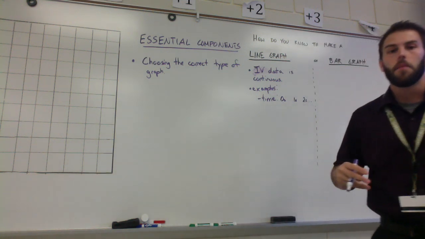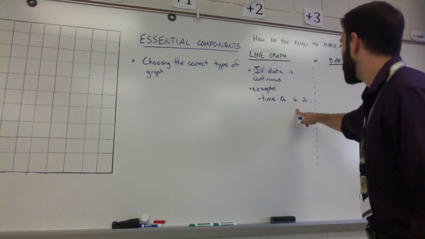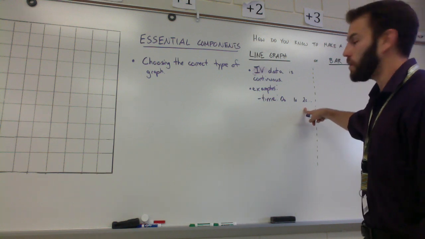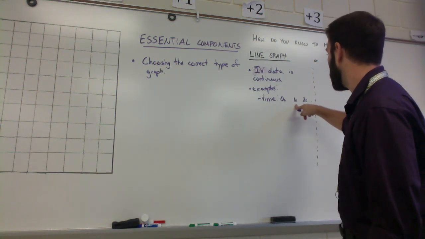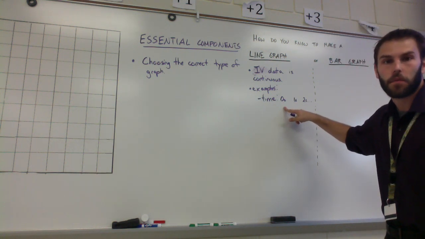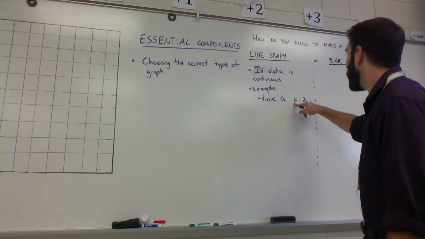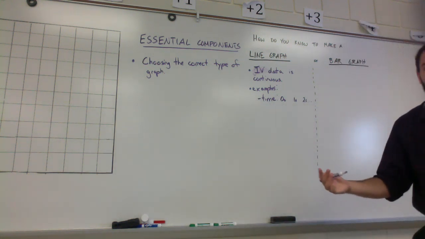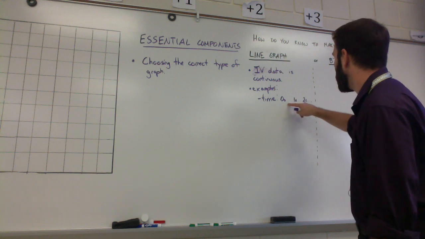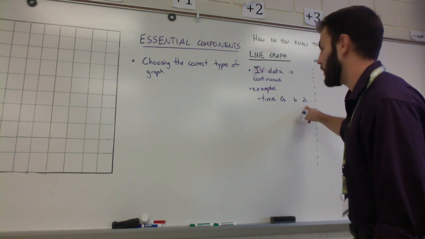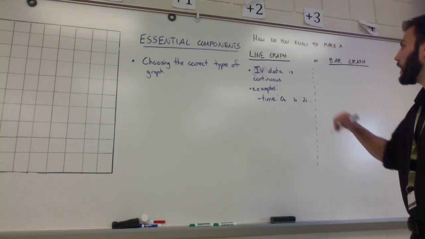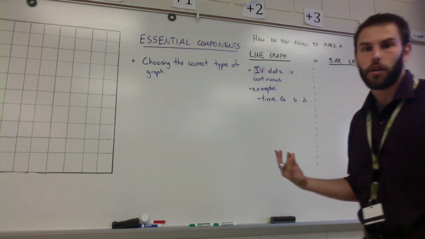Let's say I took measurements at each second. However, I know that there is something that exists between 0 and 1 second, like half a second, 3/4 of a second, 1.5 seconds. Even though we didn't take data there, we know that time is continuous, and so we would make a line graph with time being our independent variable.